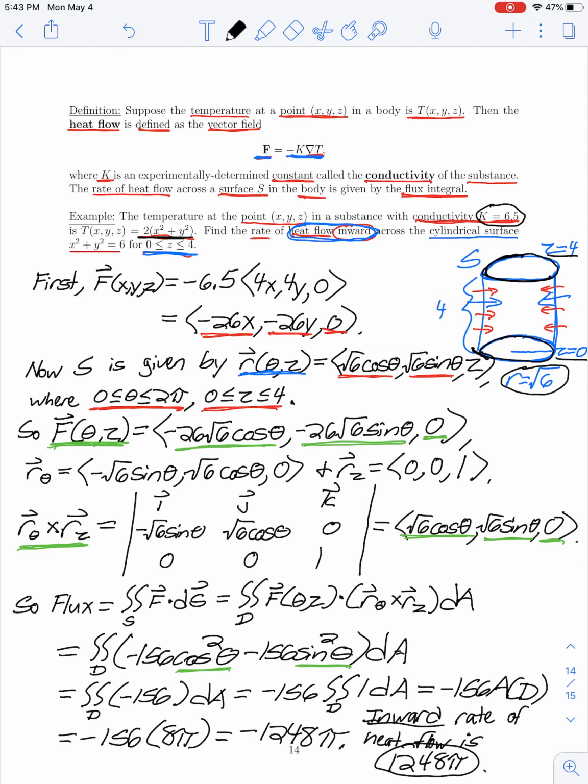And as we've seen in some of these examples, these surface integrals can be pretty complicated to evaluate. So in our last two sections for Chapter 6, we'll get some nice results which make evaluating surface integrals or line integrals much easier.